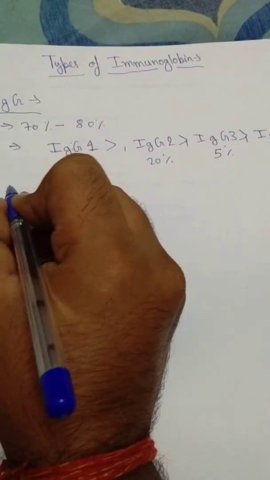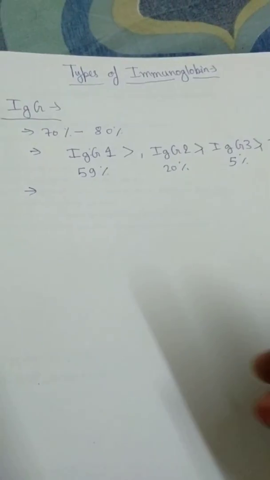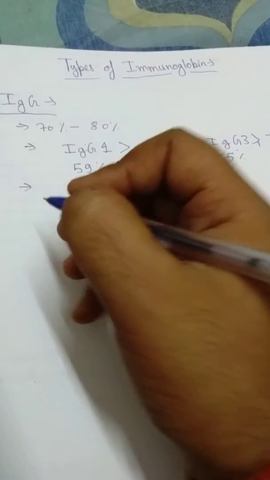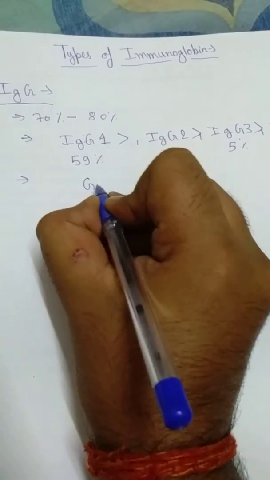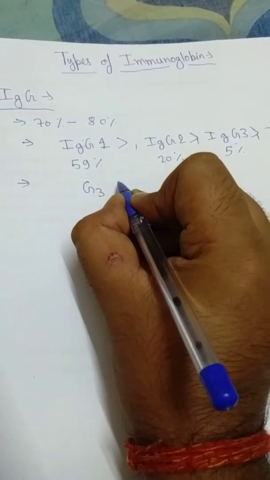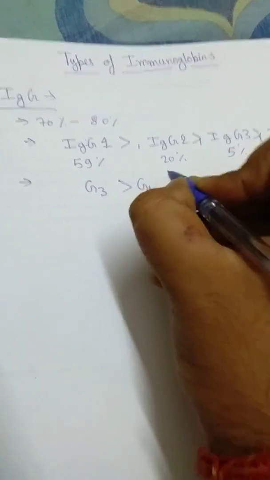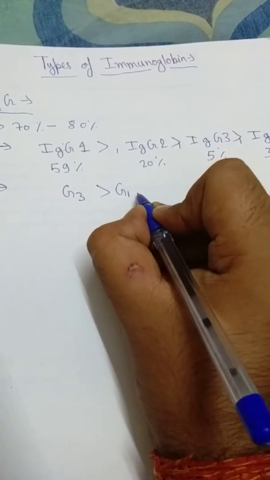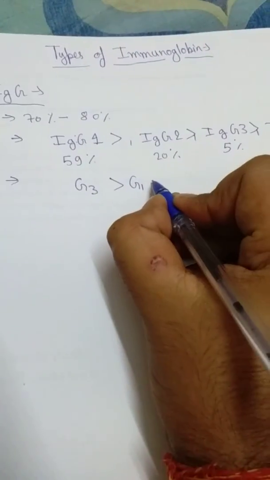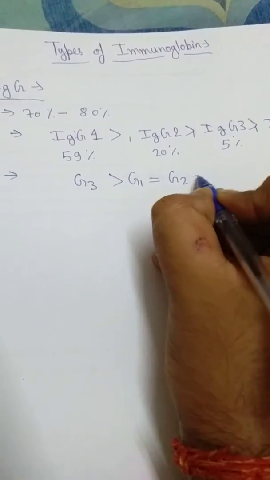If we look at molecular weight, IgG3 has the highest molecular weight. After that, IgG3 is greater than IgG1, and all the other IgGs have equal molecular weight, like G1, G2 and G4.